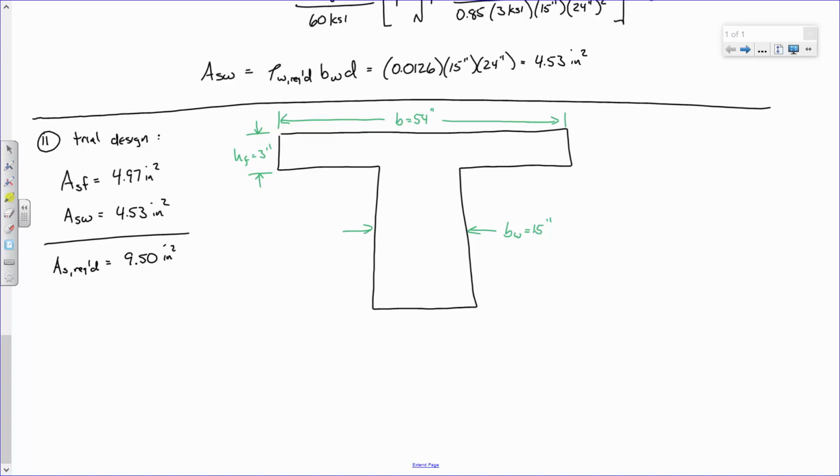Here is what I propose is a feasible answer. 1, 2, 3, 4, 5. 1, 2, 3, 4, 5. I propose that a feasible answer is to use 10 number 9s. So much so that AS is 10 square inches. Okay? Now, that measurement is going to be to the center of that steel pattern, and that is going to be my D is 24 inches.